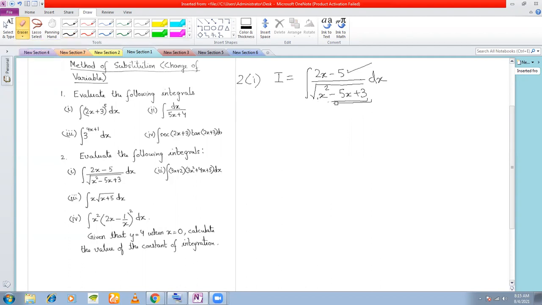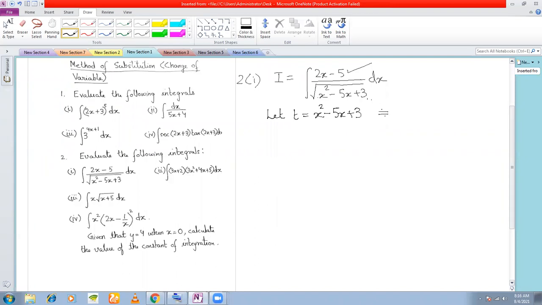Check. After differentiating x square minus 5x plus 3, we get 2x minus 5 only. So therefore, in this integral, we assume t is equal to x square minus 5x plus 3. Okay.